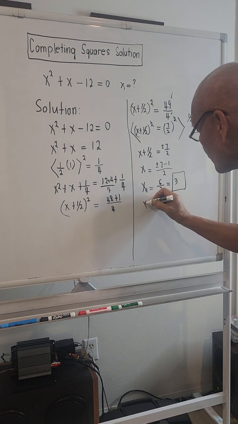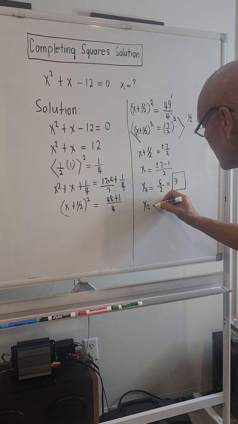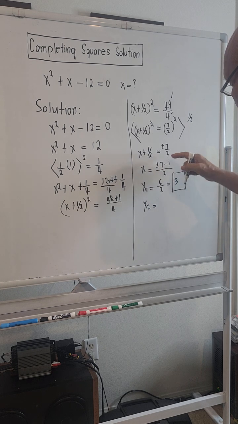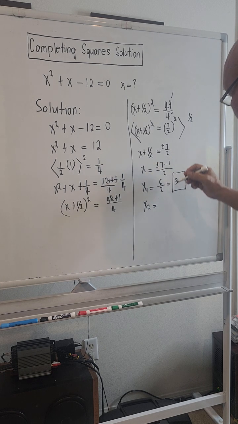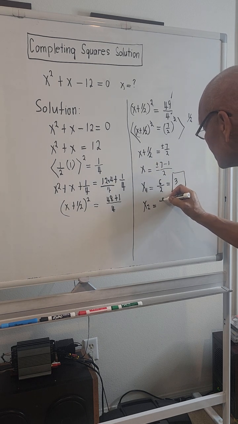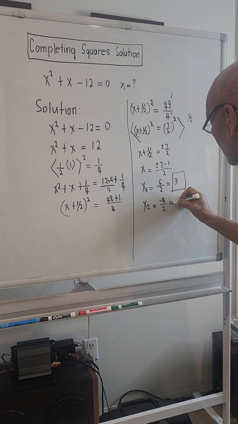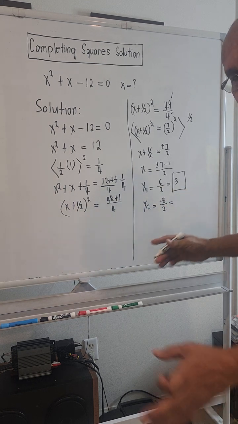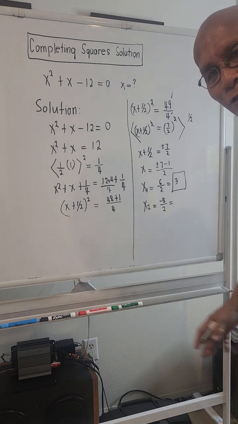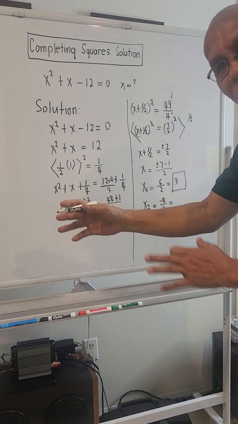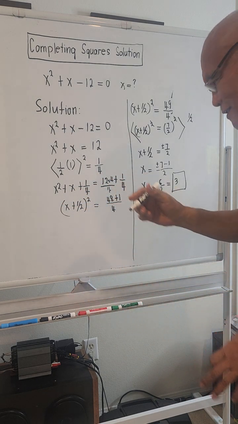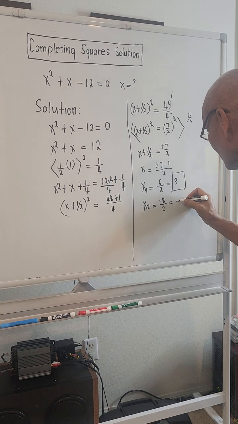And the value of x2, minus 7 minus 1 will be minus 8 all over 2. A negative over a positive, that's a fundamental operation, will be negative, so the answer will be negative 4.